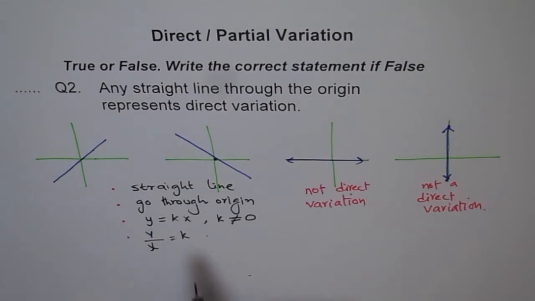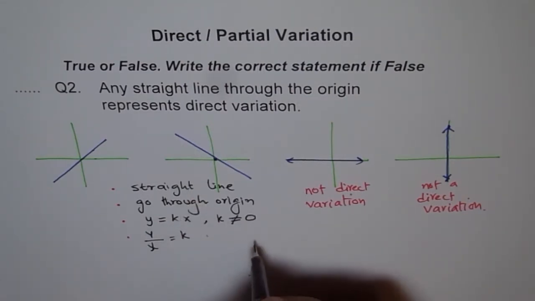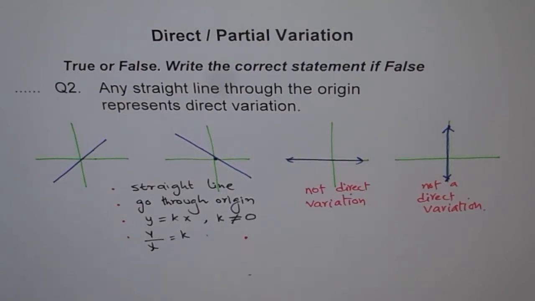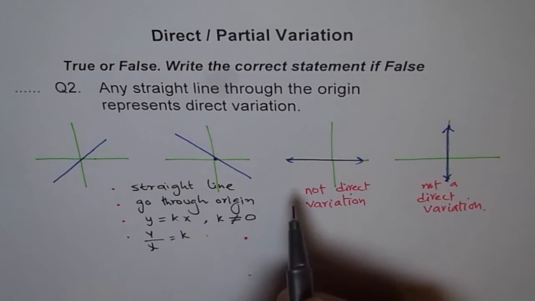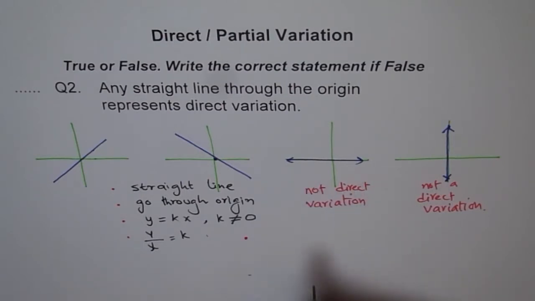and therefore we will add one more condition to this, and that is a very important condition, that our straight line should not be vertical or horizontal.